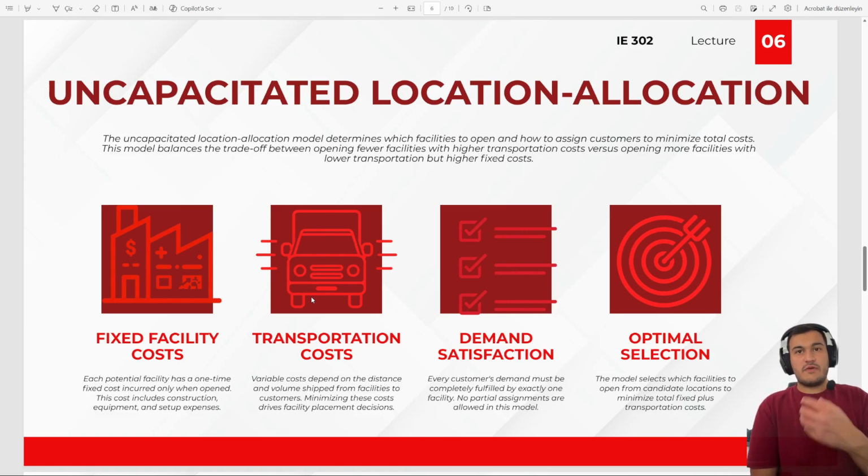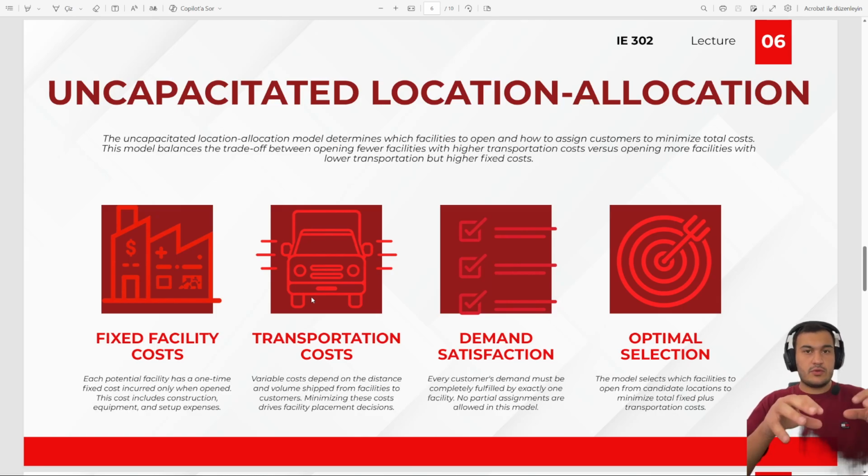If you open few facilities, your fixed costs are low, but your transportation costs go up because customers are far away. If you open more facilities, your transportation cost goes down, but your fixed cost goes up.